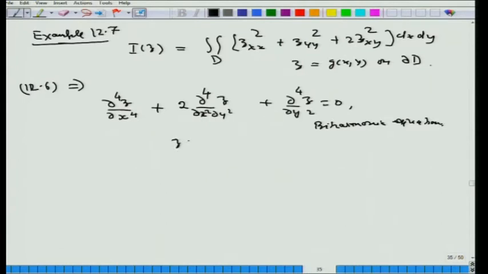And here z equal to g, this is to be satisfied in D and z equal to g on the boundary.